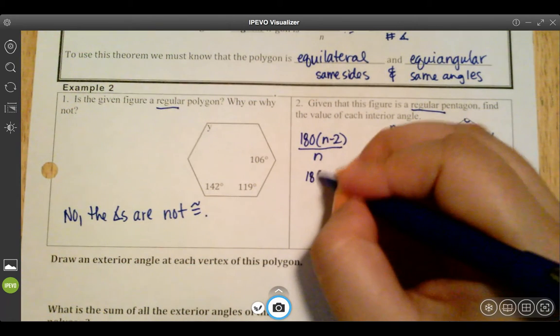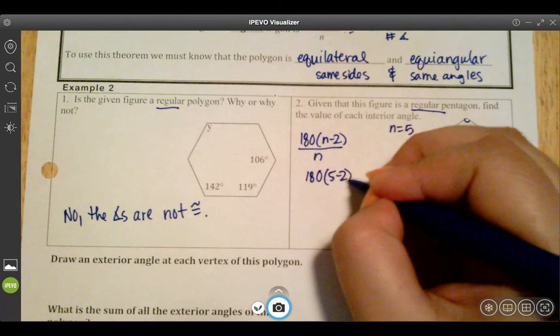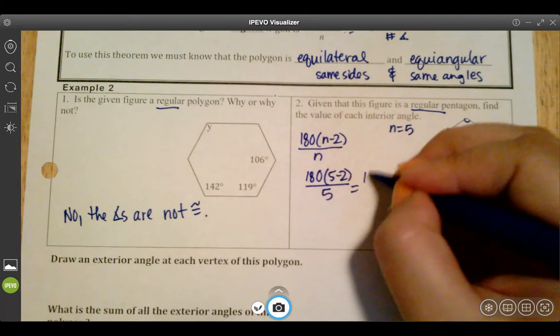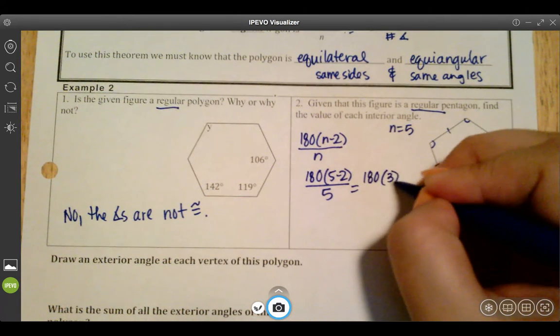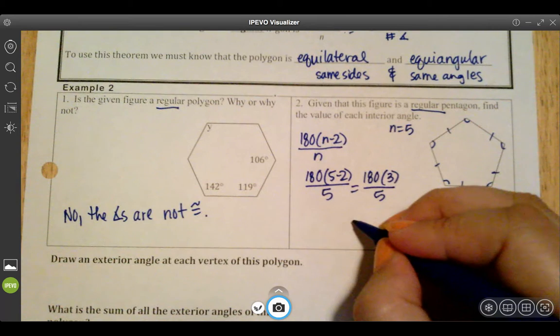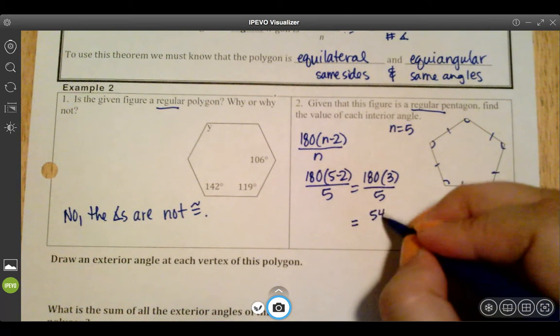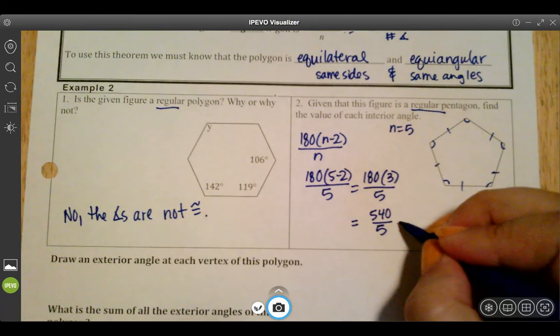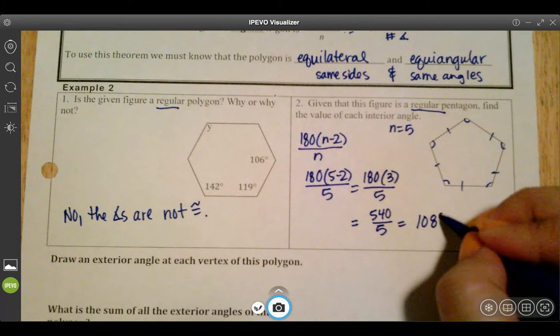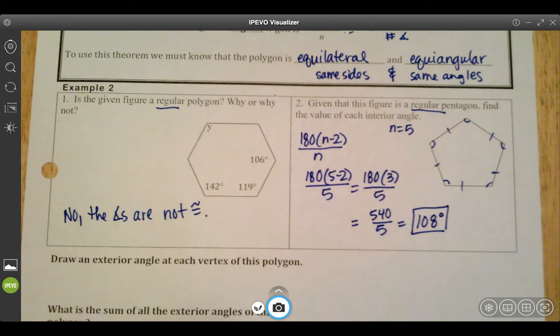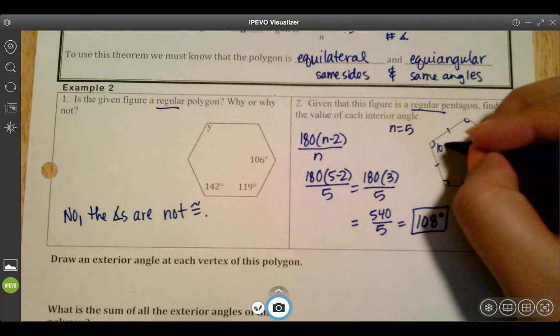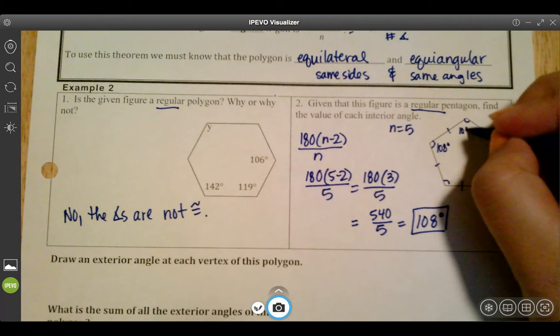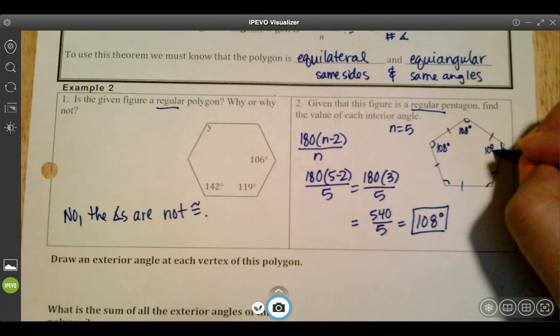So we have 180 times 5 minus 2 divided by 5 equals 180 times 3 divided by 5, which equals 540 divided by 5, which gives us 108 degrees. Which means that each angle here is 108 degrees.